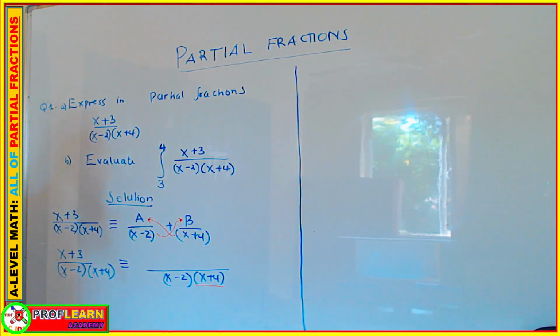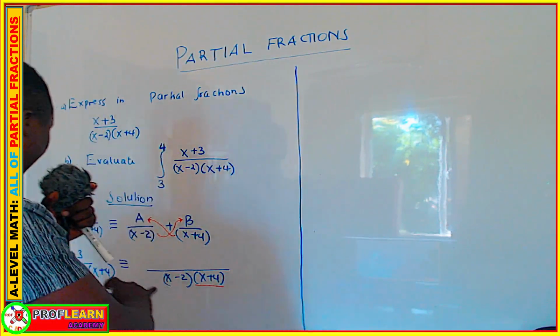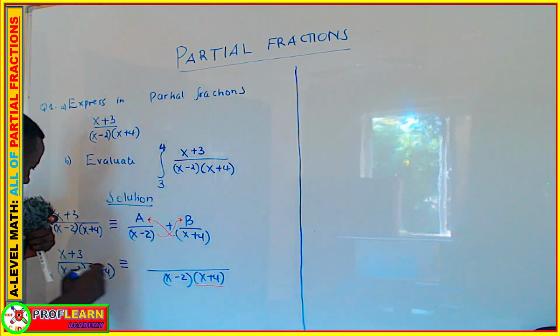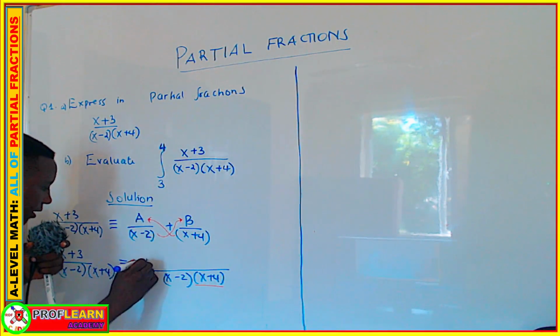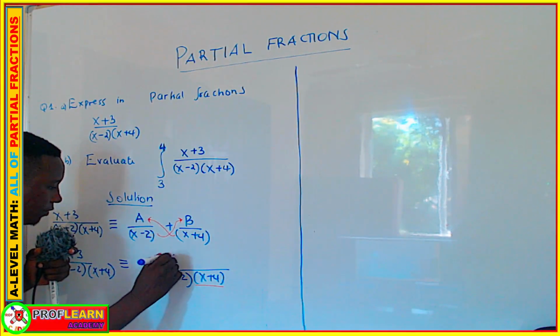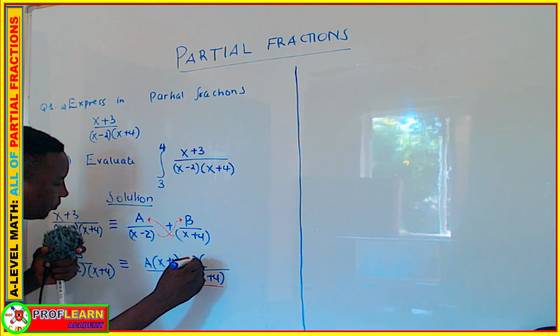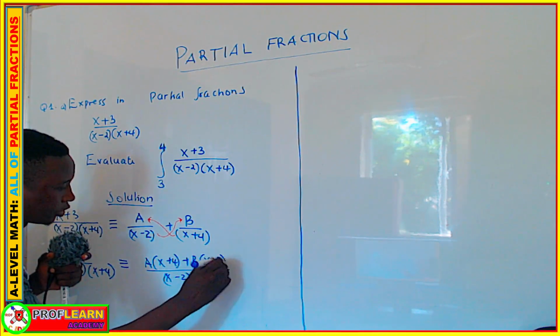I believe we are together up to that point. So what I need to do here is to have a multiplied by (x plus 4) plus b multiplied by (x minus 2).